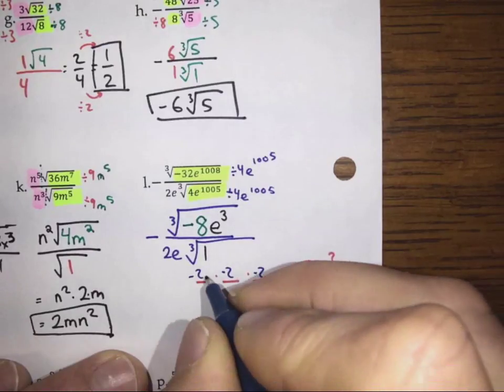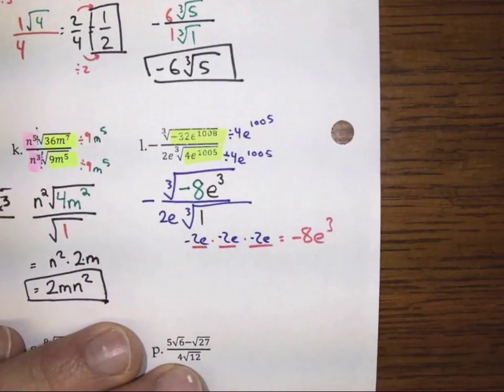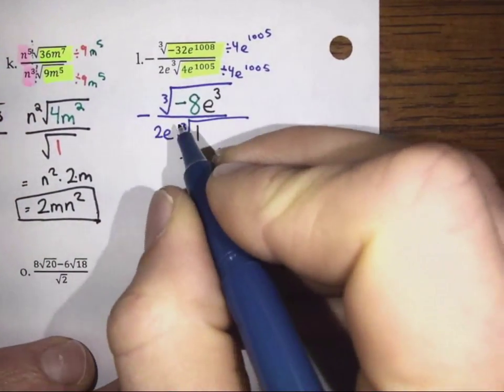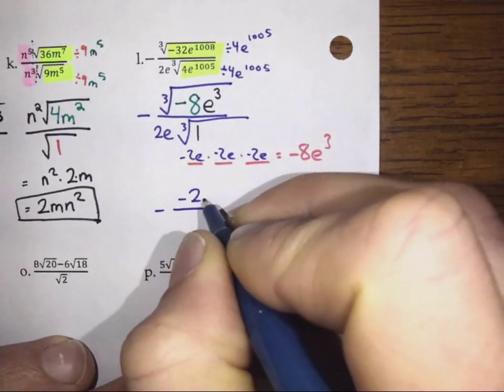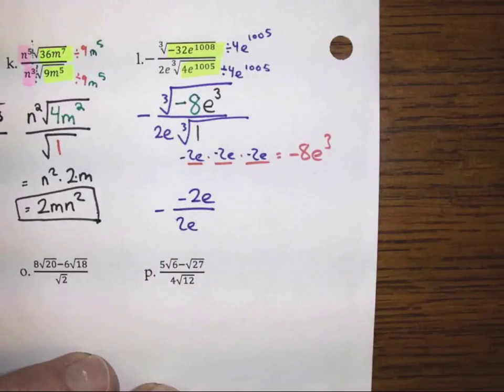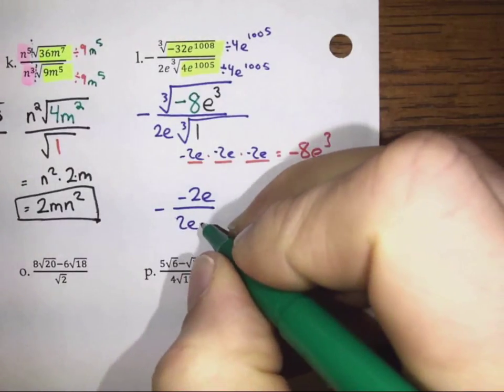And to get e cubed, we need 3 e's because we add the exponents, right? Okay, so that tells us that the whole top can be rewritten. So I've got negative 2e over, on the bottom, I've got 2e. And I'm going to multiply that by the cube root of 1, which is 1. I'm not going to even write that I'm multiplying it by 1.